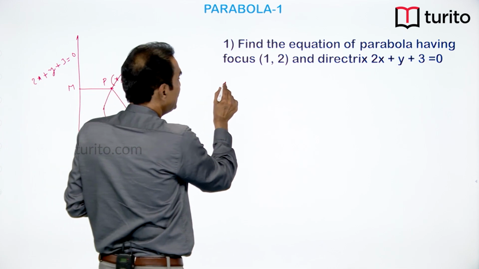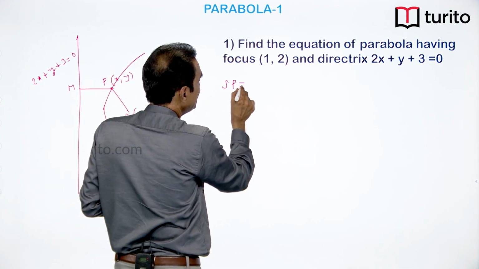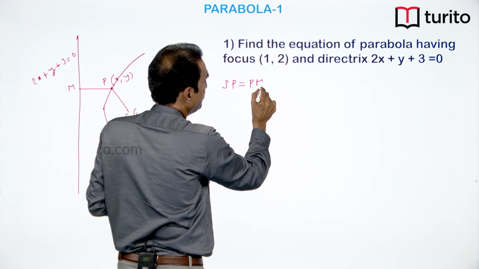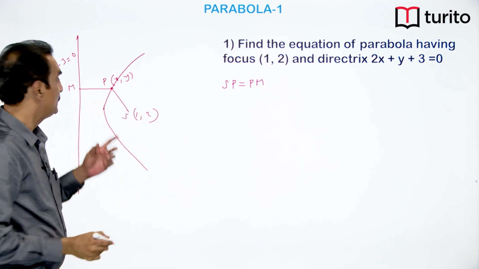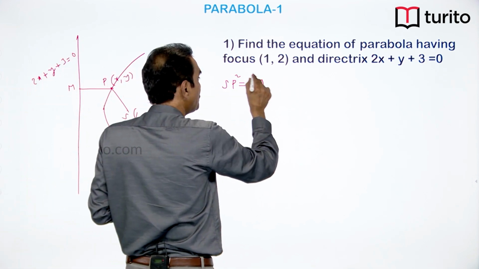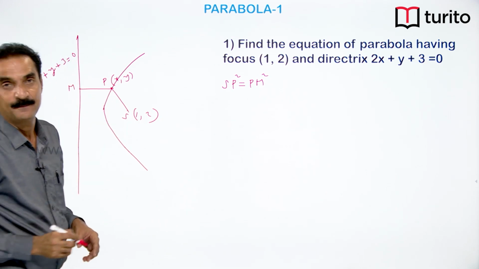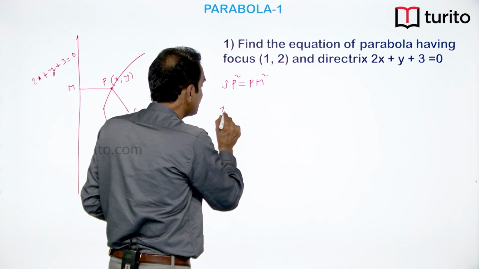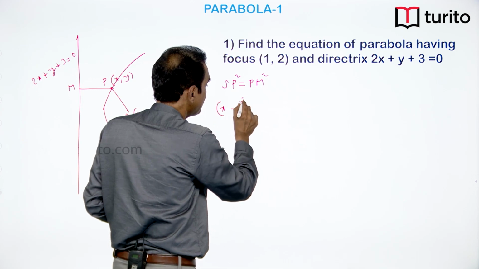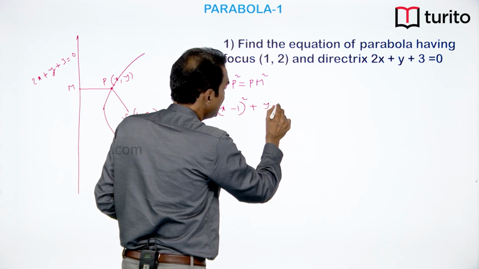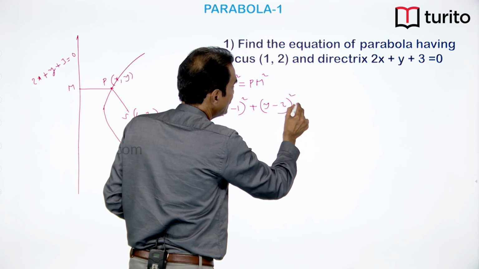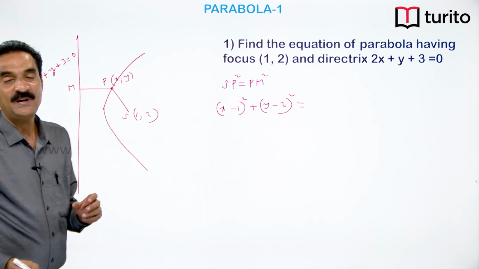So, we have to take SP is equal to PM. Then SP square is equal to PM square. What is SP square? (x minus 1) whole square plus (y minus 2) whole square is equal to PM square.